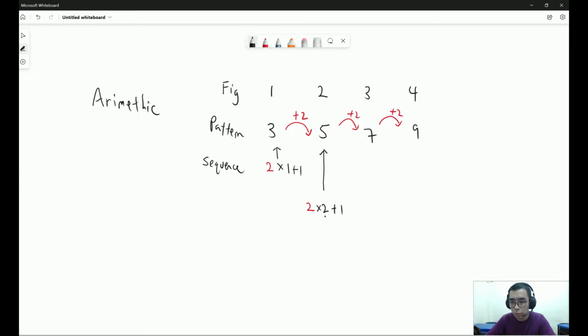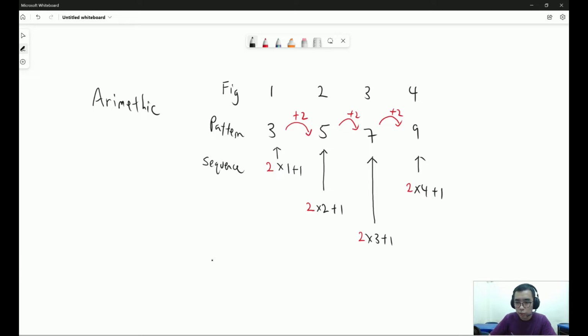So 2 times 2 will give me 4, 4 plus 1 will give me 5. And if you look at the third figure, it will again be 2 times 3 plus 1. Now from here you should start to be able to link the pattern. So here will be another 2 times figure number 4, then we add 1.